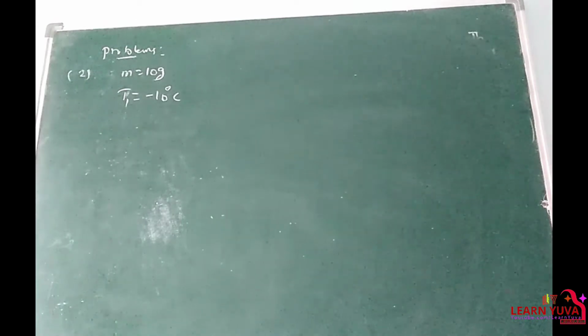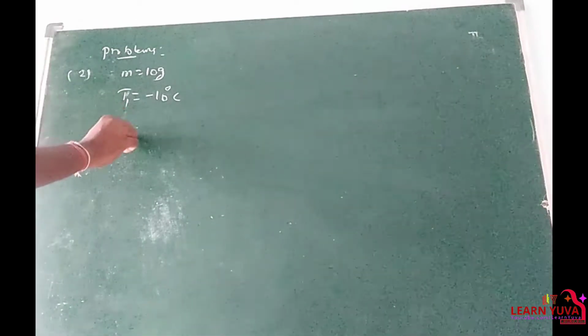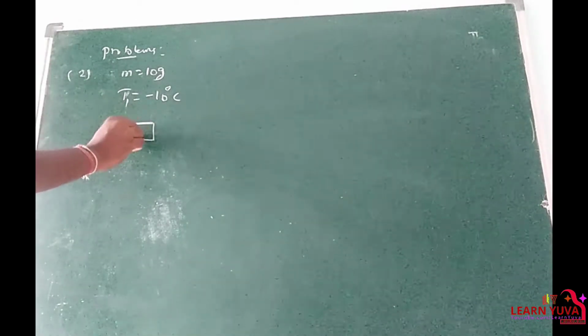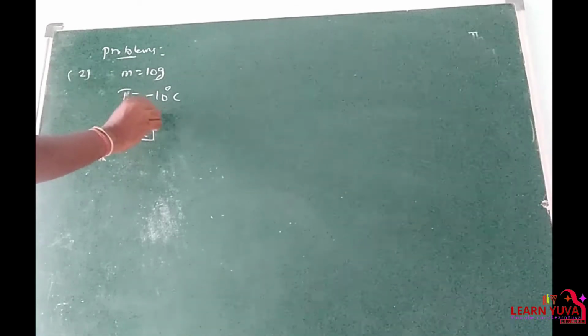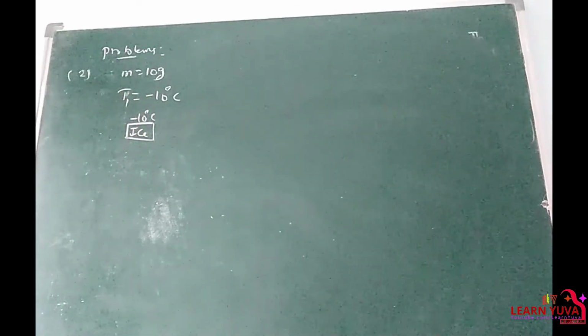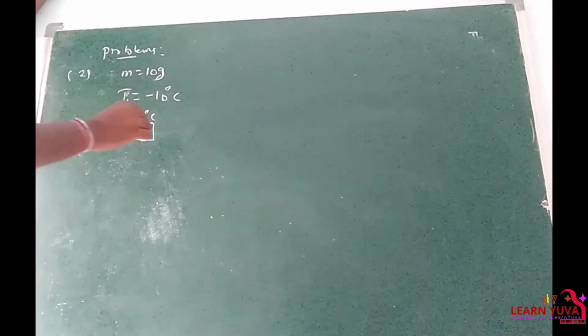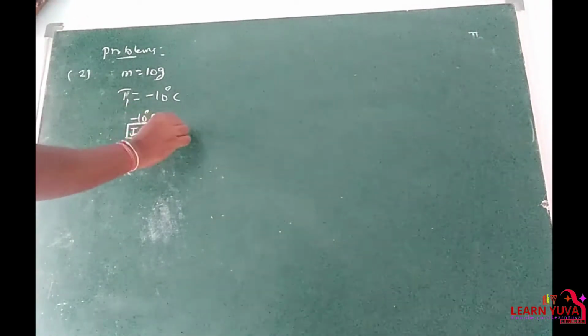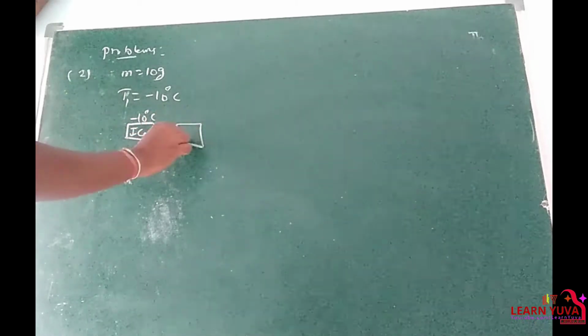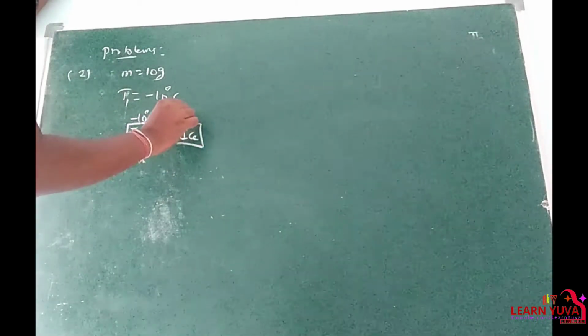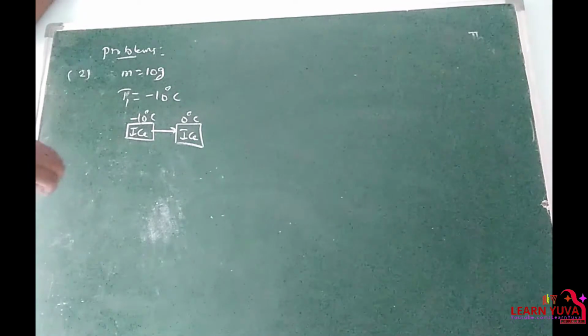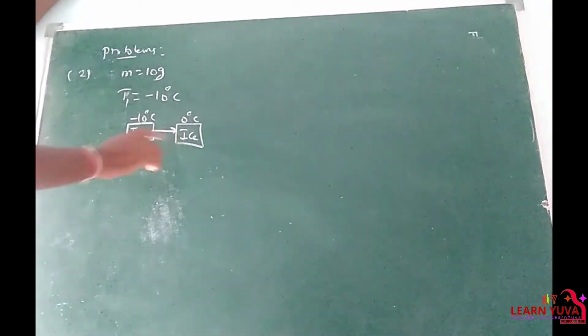So here it is ice at minus 10 degrees Celsius. The heat energy is required to convert minus 10 degrees Celsius to 0 degrees Celsius. So here there is a change in temperature.